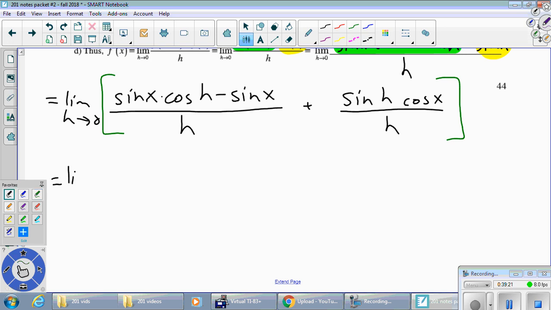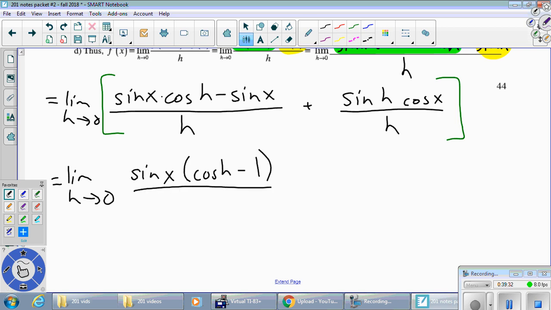So equals limit as h goes to 0. Okay, so we're factoring out on top sine of x, and then we're left with cosine of h minus 1, and that whole thing is divided by h. And then plus, I'll just copy this one as it is, sine of h cosine of x all over h. And again, big brackets around the whole thing.